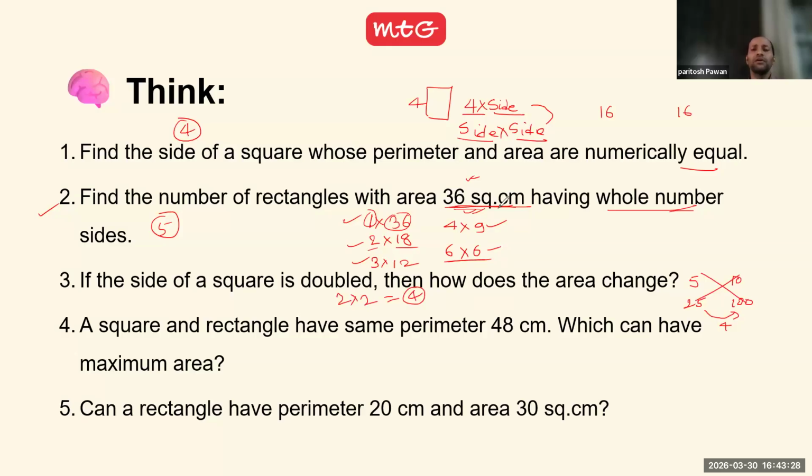Second question, you are saying, beta? Not second, sorry, third one, sir. Third one. So it doesn't matter whatever the unit is. If it is centimeter, it will be double, 10 centimeter.